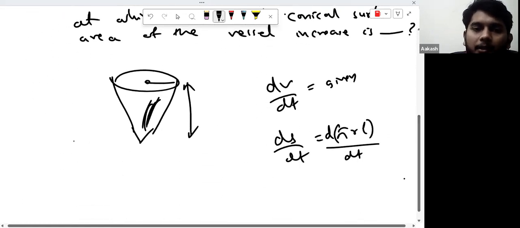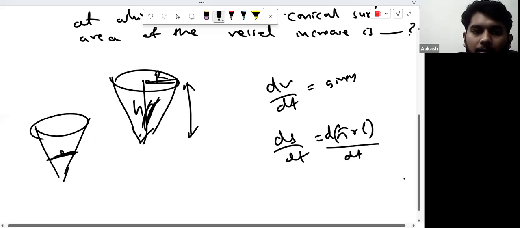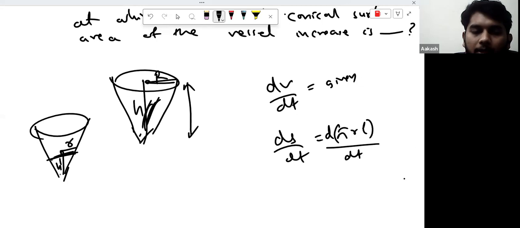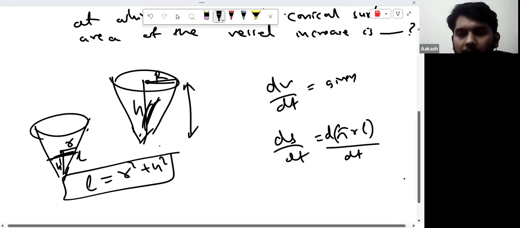The only relation you need to find is, if this is h, this is capital R, and at some point water level will be at this level. So take this as small r, this is h dash, and this length is L. So we know that L equals root of r square plus h square. Using these two equations, you can find the answer.